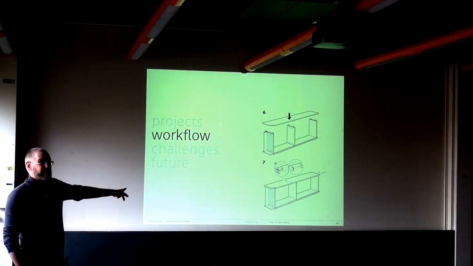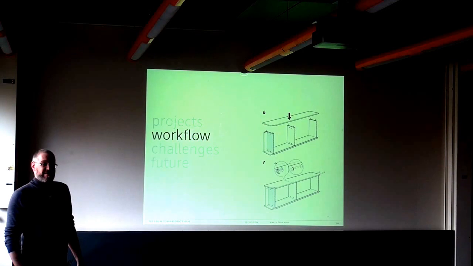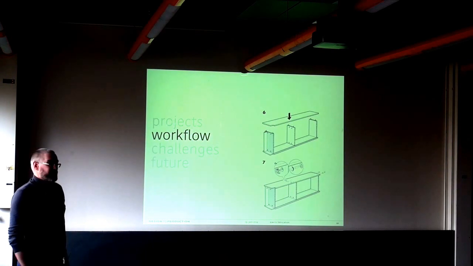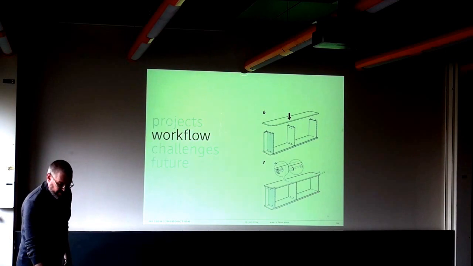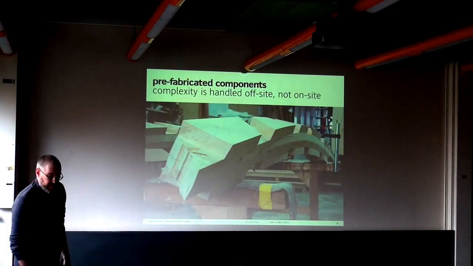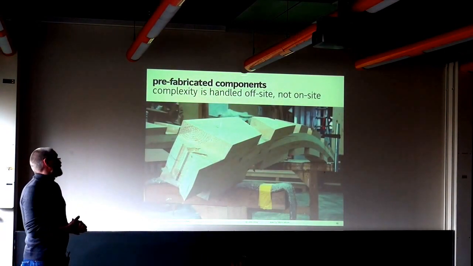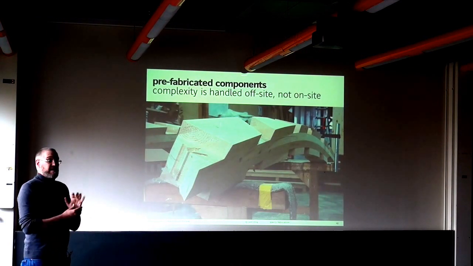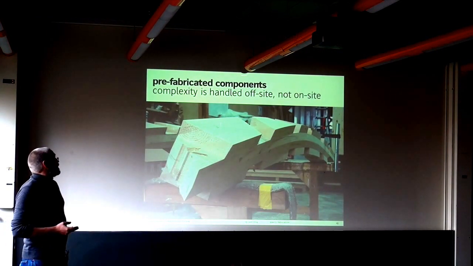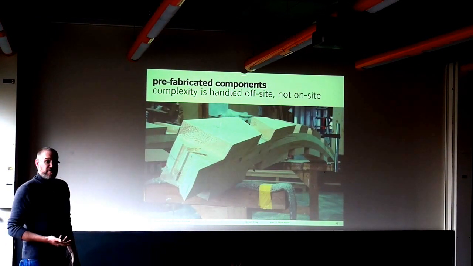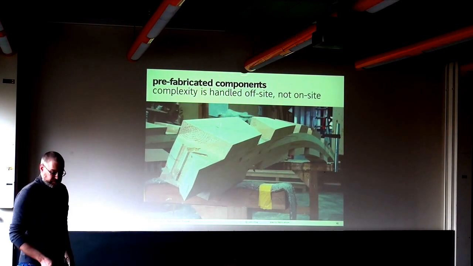If you can read the assembly instructions, you can probably put together this Billy shelf in 15 minutes. At least if you have moved a couple of times during the last 5 or 10 years. And that's basically the same that we're trying to do, is to put the complexity into the components and handle it off-site and not on-site.